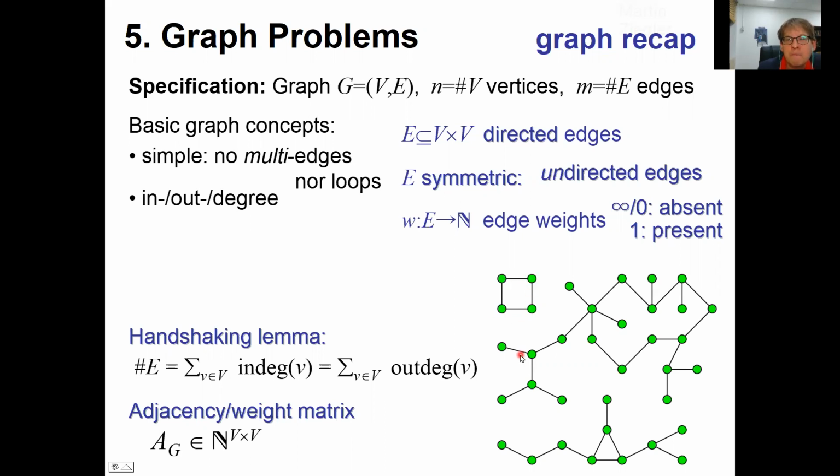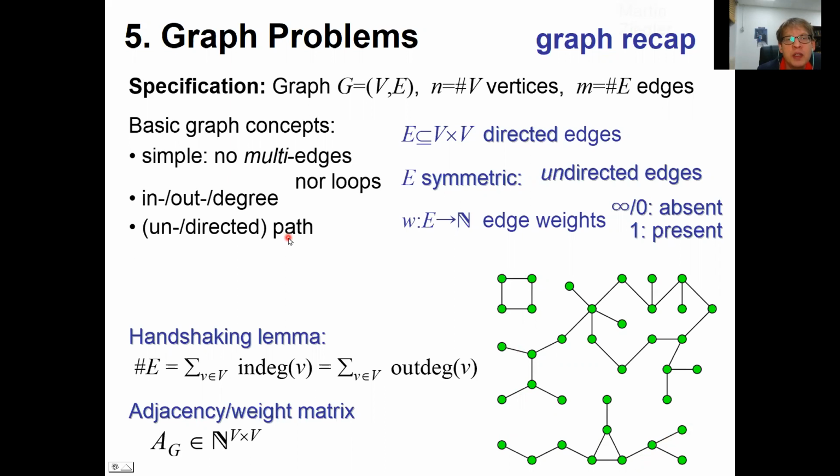But this lower component is not regular because this vertex has three edges and this vertex has only one edge. Different numbers of edges for different vertices, that's not a regular graph, and this is a regular graph.